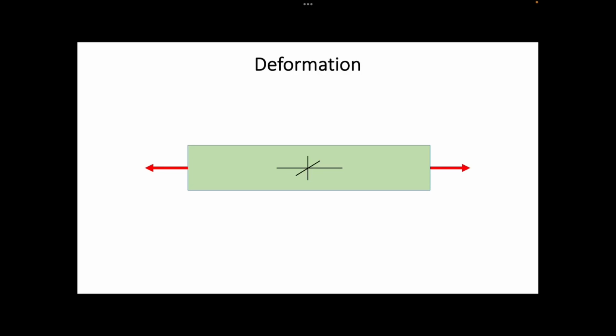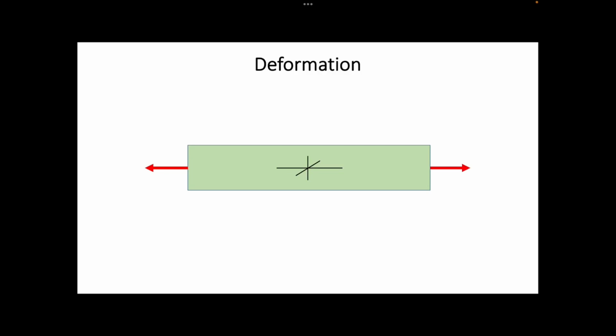Second, the deformation not only depends on the location within the body, but also on the direction. For example, if we look at the imaginary line segments that we drew before, we can see that while the horizontal line segments elongate, the vertical line segment contracts.